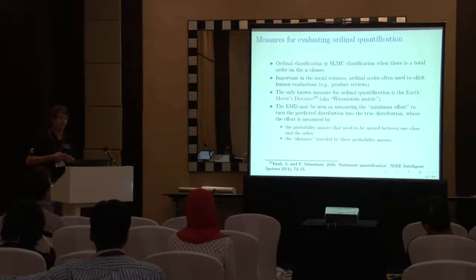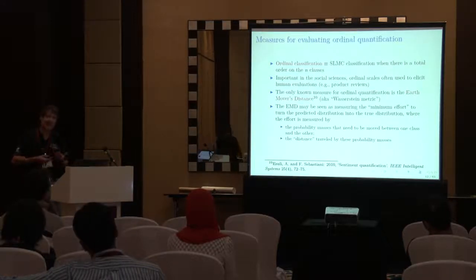It doesn't take into account the fact that if I overestimate by 5% the 5 stars class, and that probability mass goes to the 1 star class, that's a more serious mistake than overestimating 5 stars and moving the same probability mass to 4 stars. So we need a measure that accounts for the distance between these different classes.